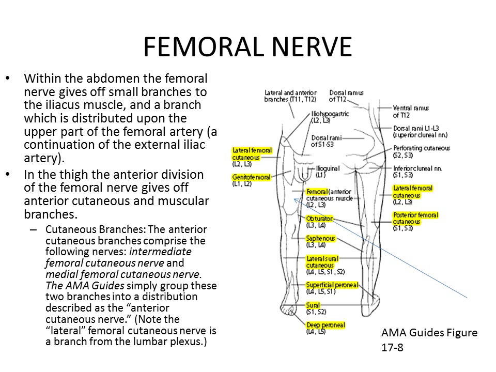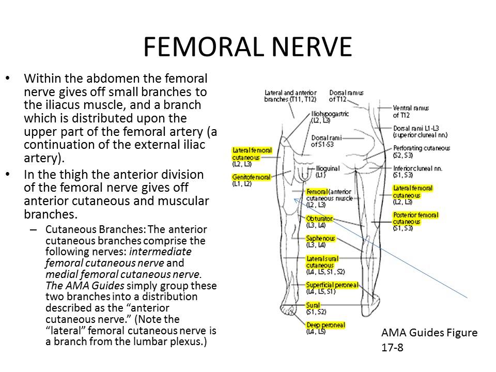So only the iliacus gets its nerve supply per se from the femoral nerve, and we'll talk about how to differentiate between an L2, L3 lesion and a femoral nerve lesion, and how that affects the psoas and the iliacus. So now we're down in the thigh, and in the thigh, the anterior division of the femoral nerve gives off cutaneous and muscular branches.